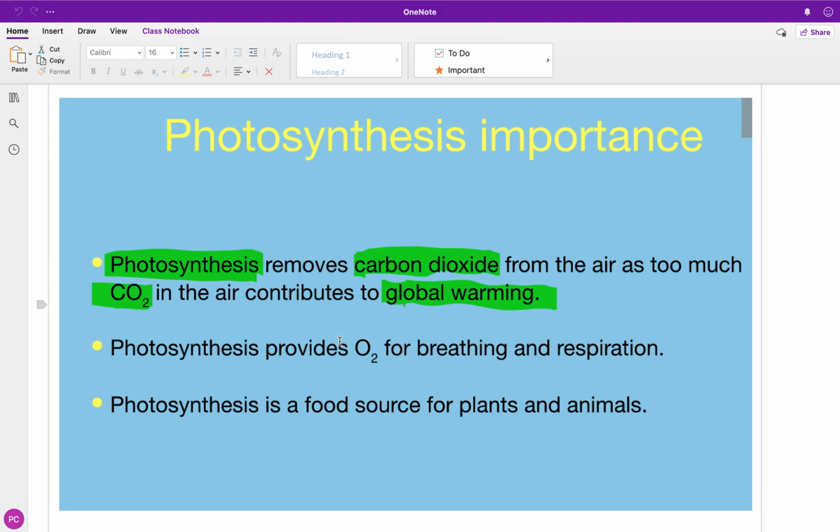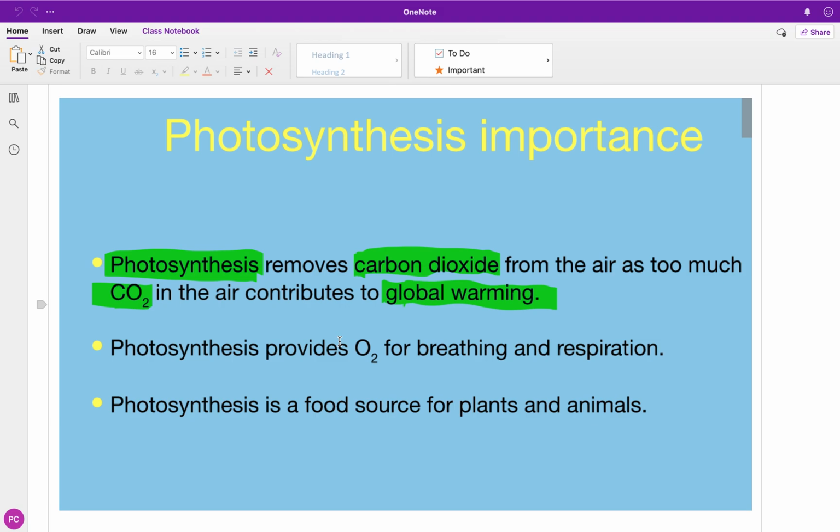And that was going really well until the last 60, 70 years, where we started pumping loads of carbon dioxide into the atmosphere from burning fossil fuels and 3-litre diesel engines and all this kind of stuff. And then at the same time, we cut down all the plants to build car parks and roads and housing estates. So there's nothing there to take away the carbon dioxide. And we're sending loads of carbon dioxide up into the atmosphere. So that's why we're getting this global warming and climate change problem at the moment.